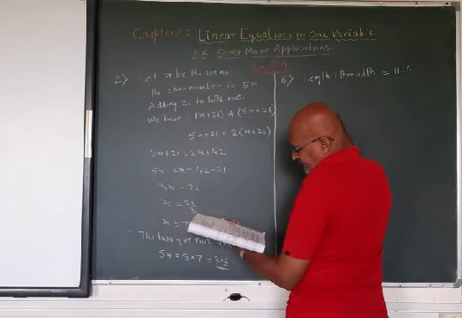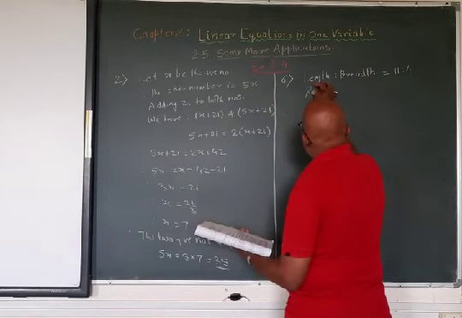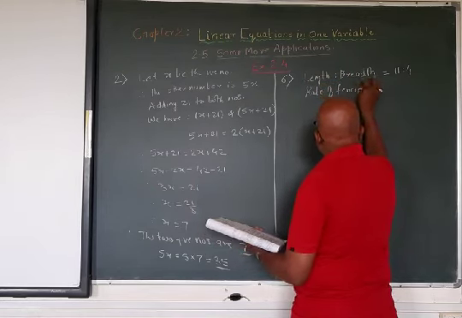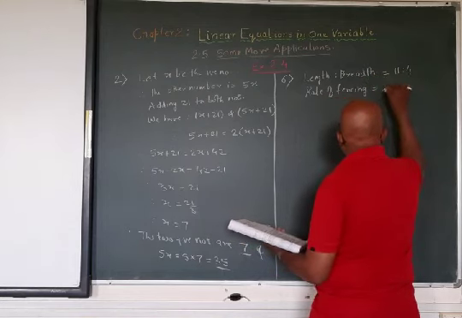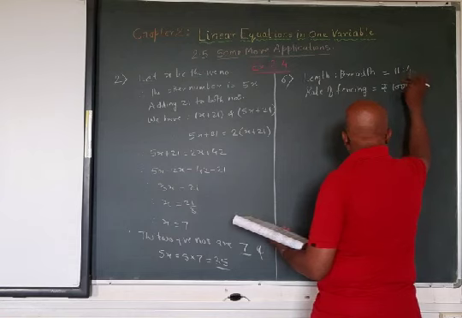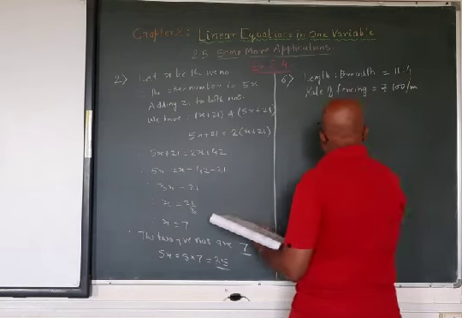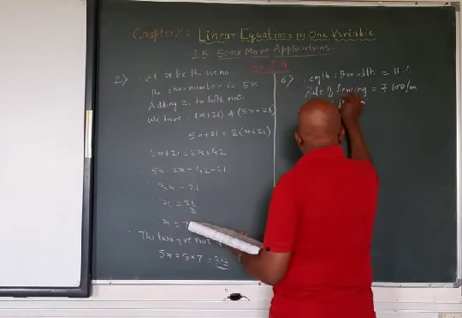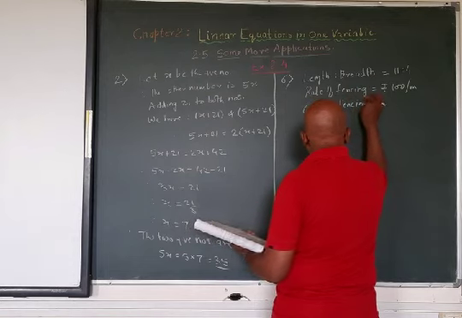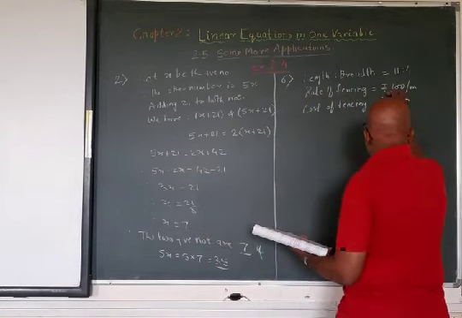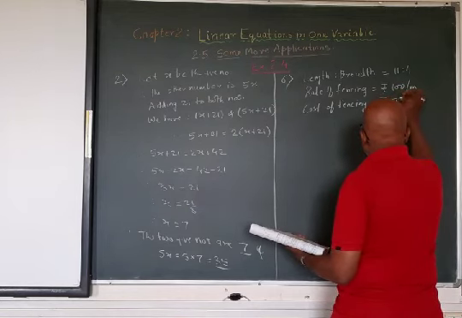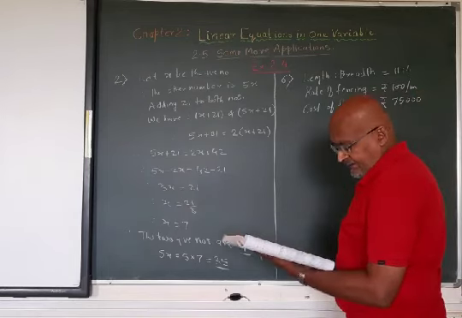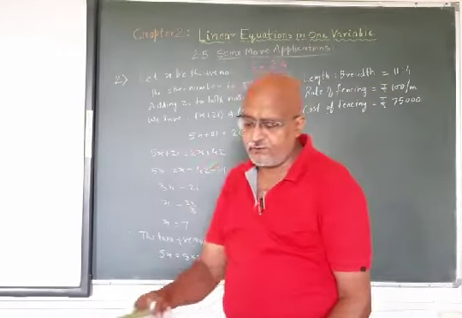So I have to write: rate of fencing equal to ₹100 per meter, and cost of fencing equal to ₹75,000. We have to find the dimensions of the plot.